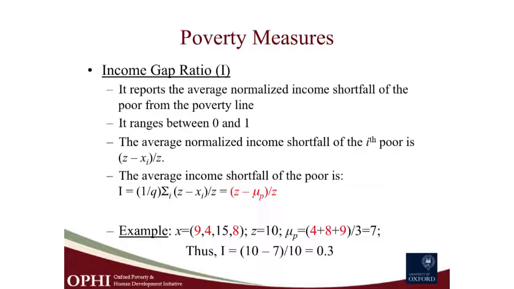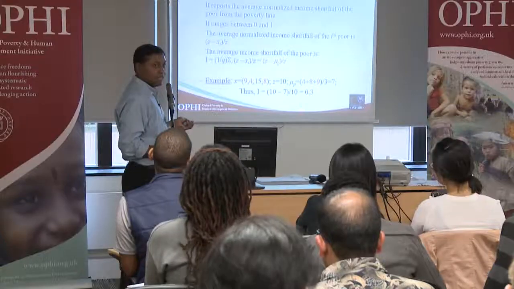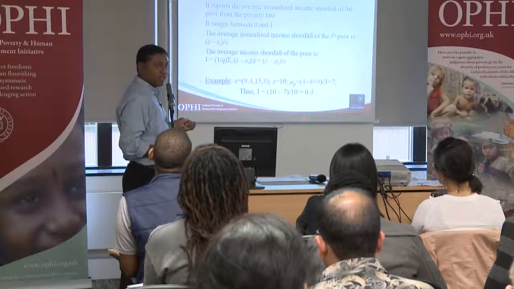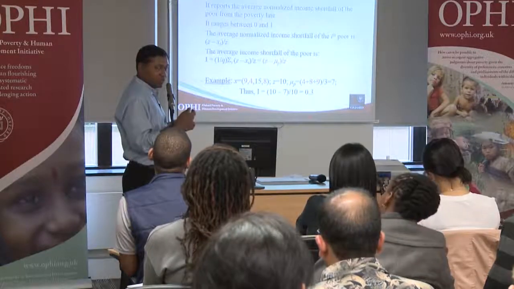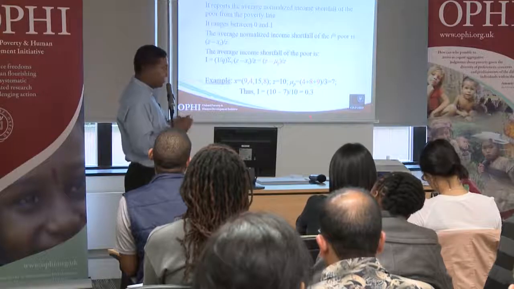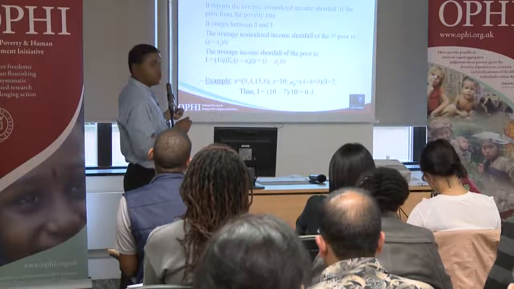The average of 8 and 4 is 6. So 10 minus 6 over 10 is 0.4. So although this person becomes non-poor, you have an increase in the income gap. The only reason is that the denominator is changing here. They divide by the number of poor.